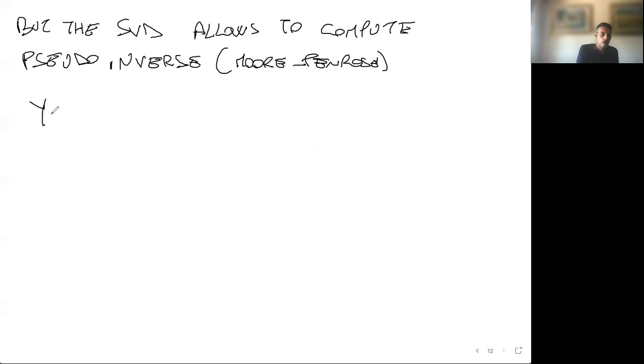That means if Y is given by Psi Sigma V transpose, I use the notation Y plus, which is the standard notation to denote the pseudo inverse.